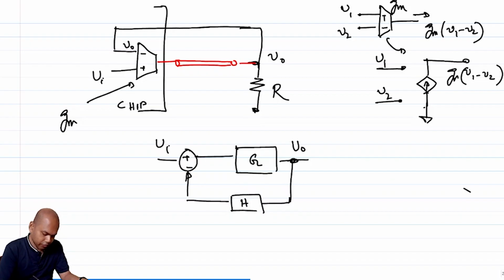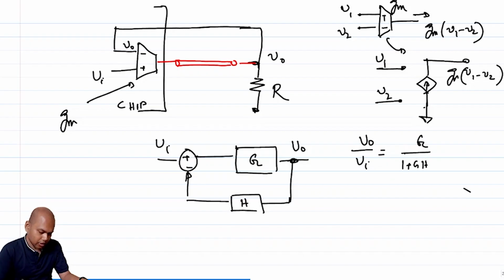This is Vi, which is V naught. So I know V naught by Vi is G by 1 plus Gh. And what is loop gain? Loop gain is Gh.